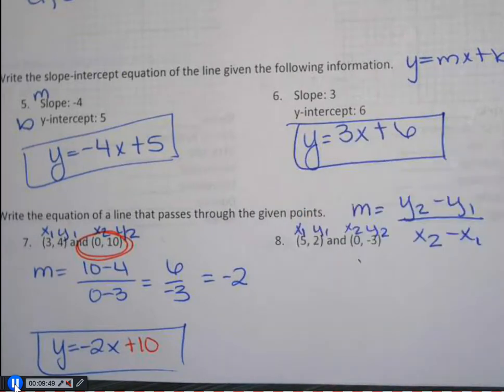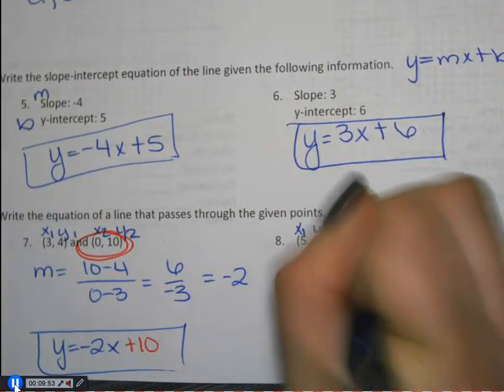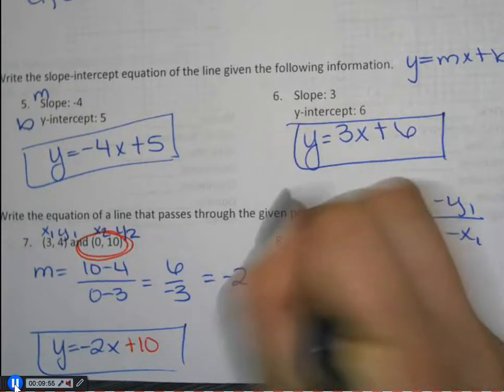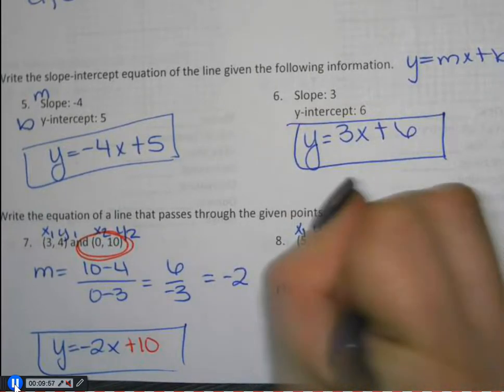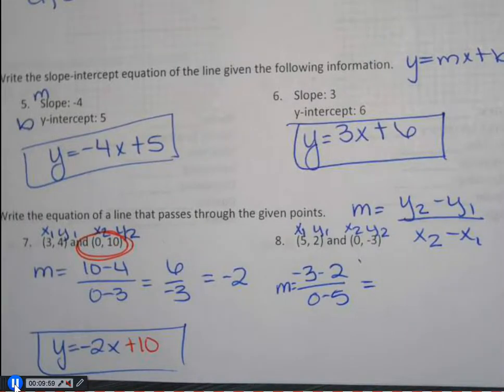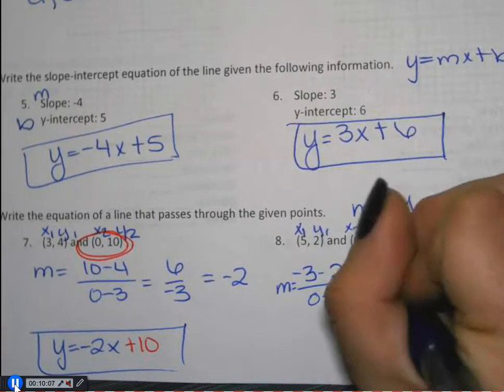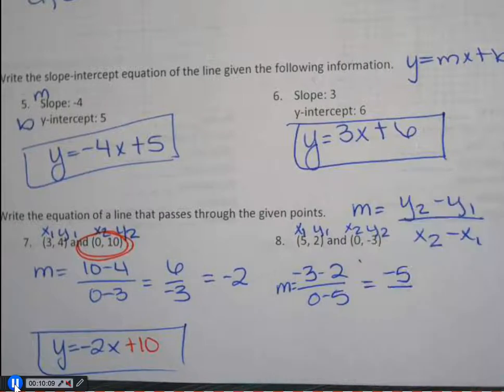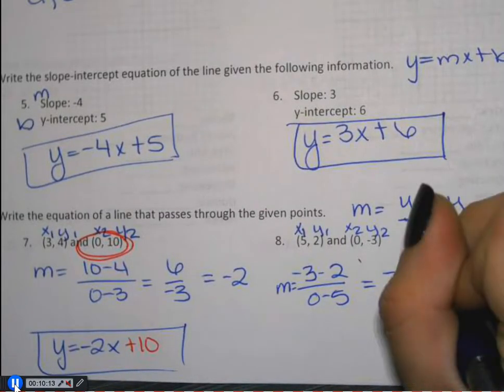Okay, so on number 8, I label them as well. This time I have negative 3 minus 2 over 0 minus 5. Negative 3 minus 2 is negative 5, 0 minus 5 is negative 5, divided gives positive 1.